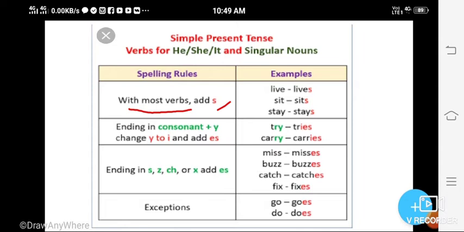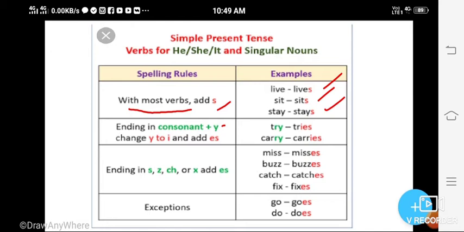Very easy, is it not? So live becomes lives. Sit becomes sits. Stay becomes stays.